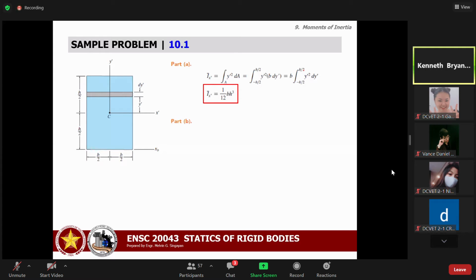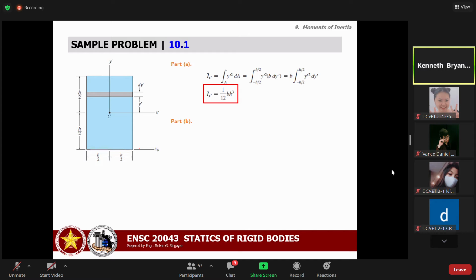So for part B, we are looking for the moment of inertia about this xB axis. So actually, you can solve by also applying integrals. Okay? But we'll use another method, which is the parallel axis theorem. Okay?